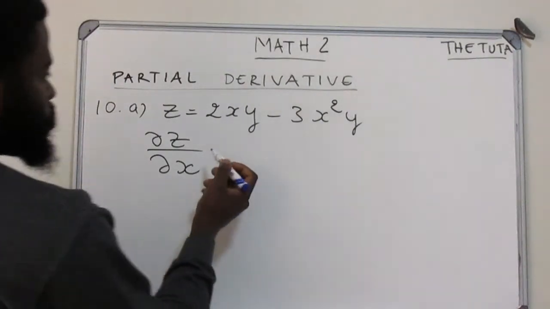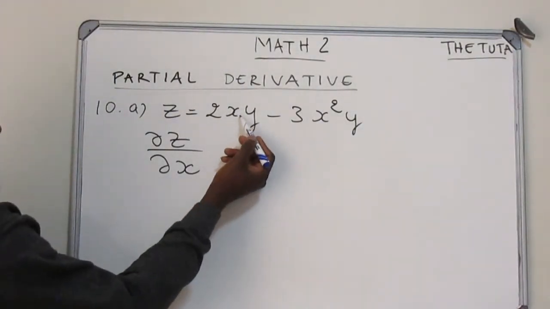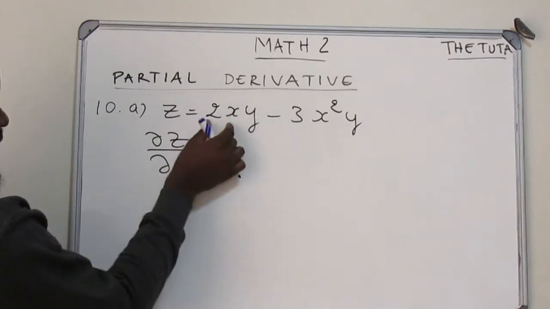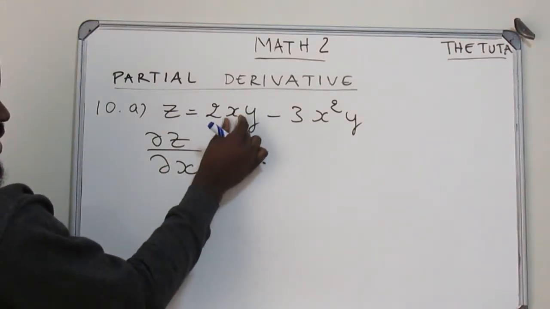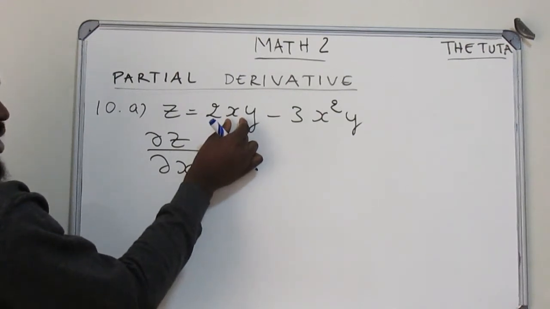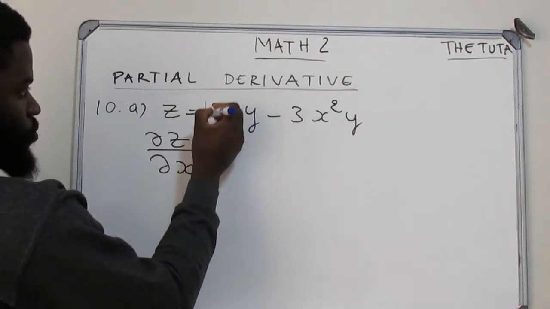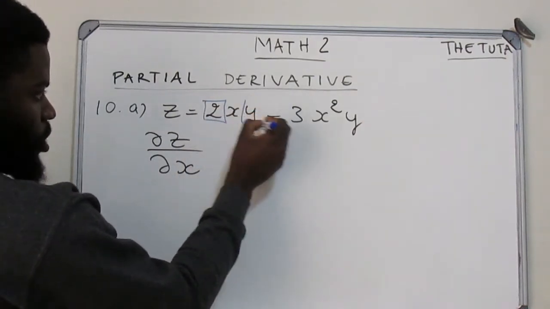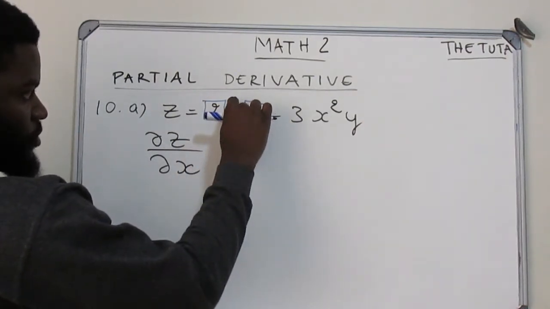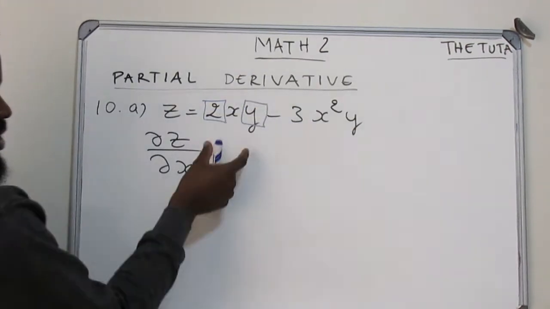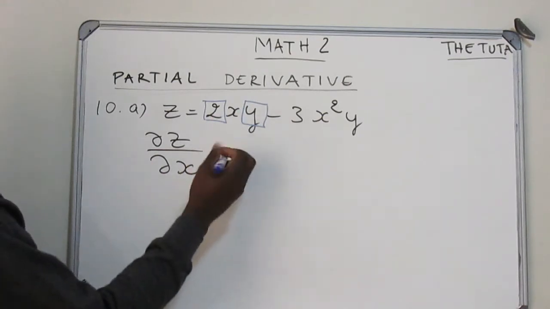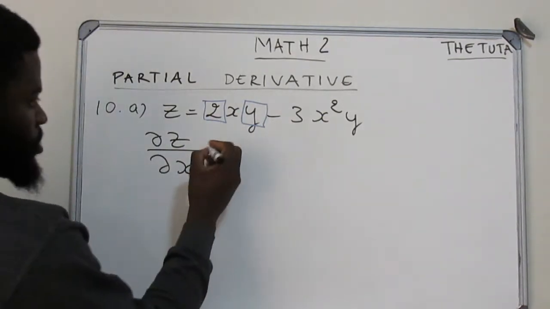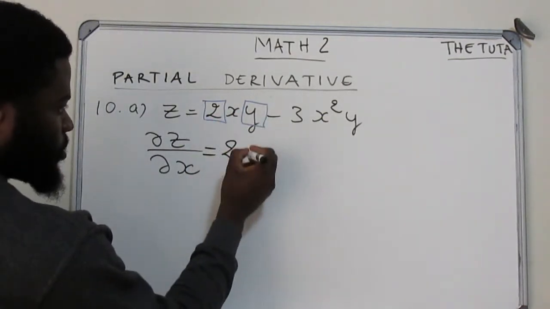Here y is a constant and this 2 is a constant, so you only have x that you need to derive. When you are deriving 2xy, as you are regarding y as your constant, it's going to be only the 2y.